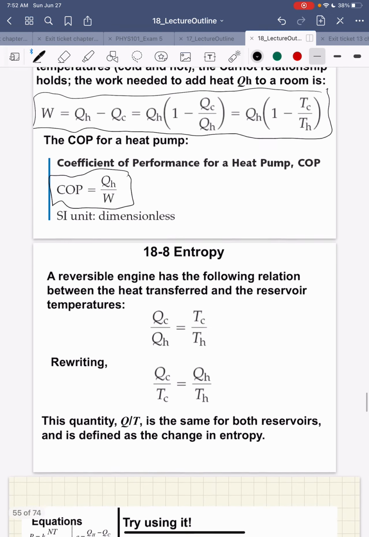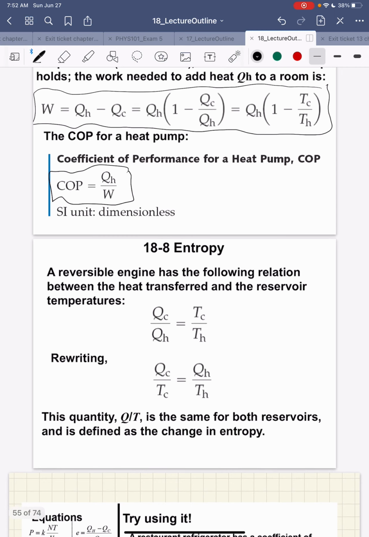The last quantity maybe we want to talk about is entropy. When I have a reversible engine, we have the following relationship that was derived: Q cold over Q hot equals TC divided by TH.